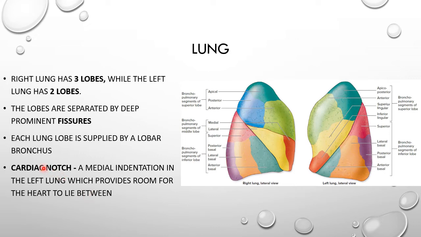It has a depression because that is where the heart sits. Okay? Towards more on the left lung. So, the medial indentation you see in the left lung is what you call a cardiac notch. That is the space intended for the heart.